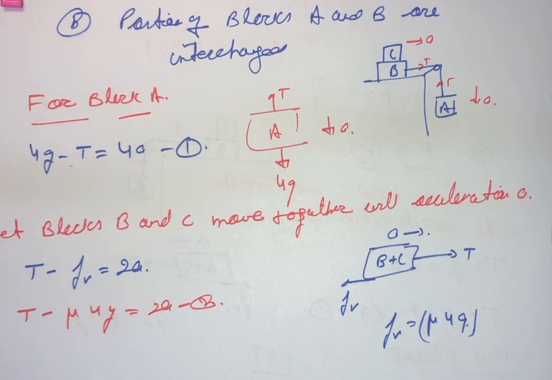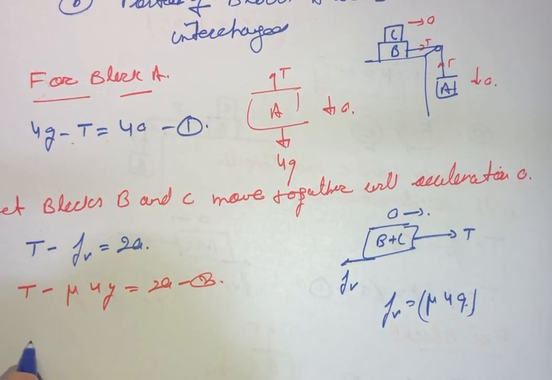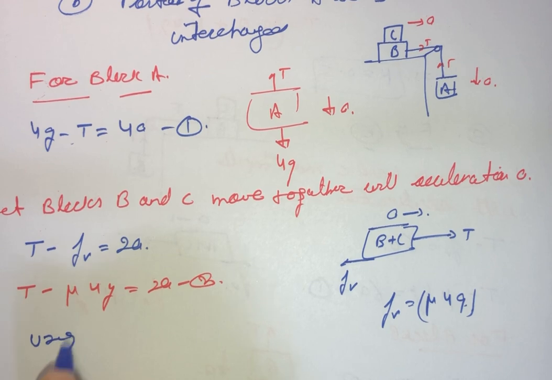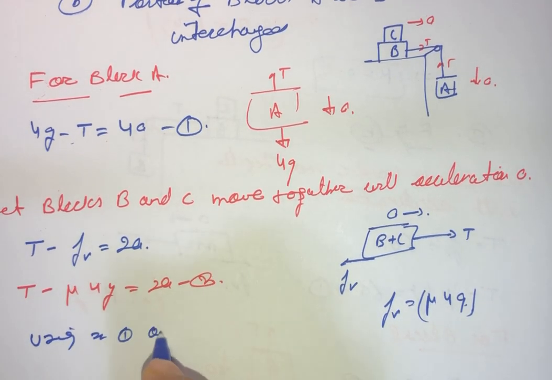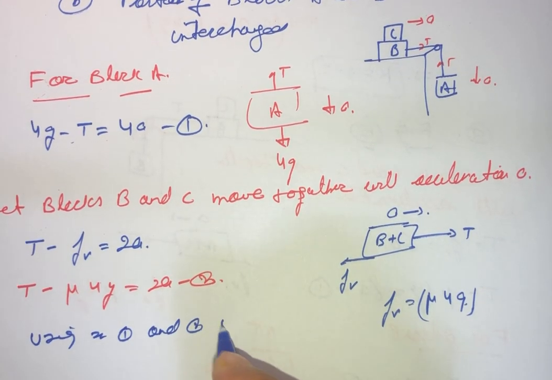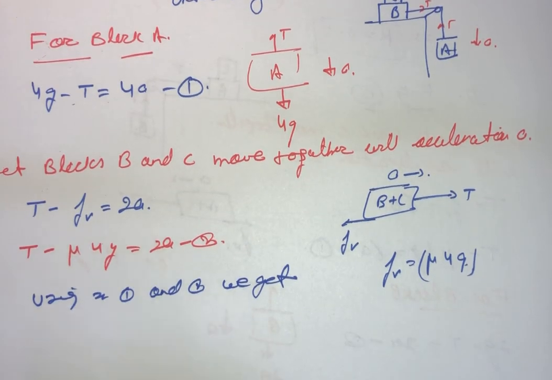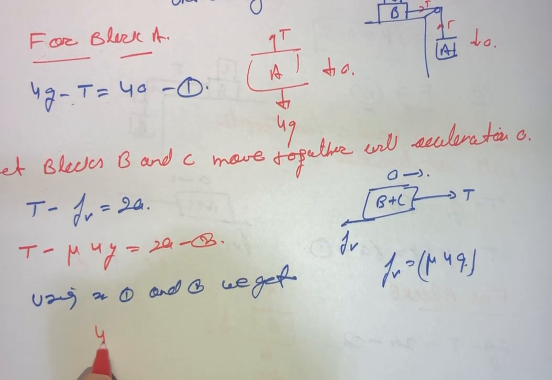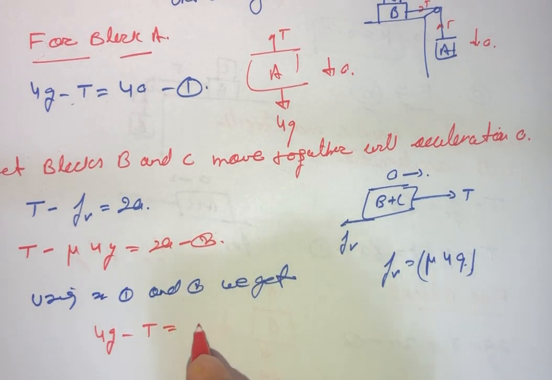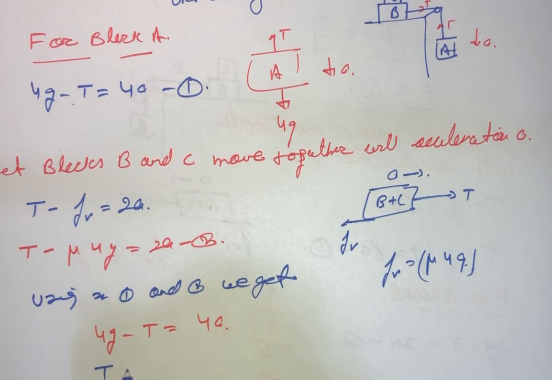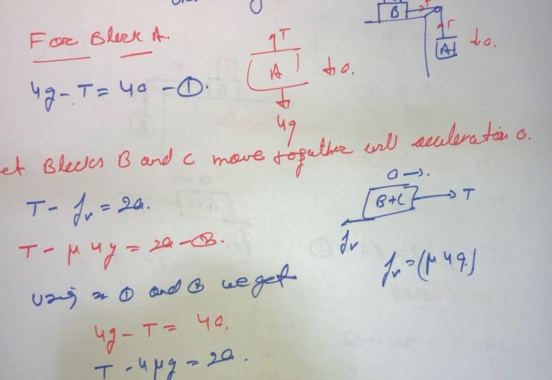So now we are going to solve equations 1 and 2. Using equations 1 and 2, we have 4g minus T is equal to 4A, and T minus 4 mu g is equal to 4A.